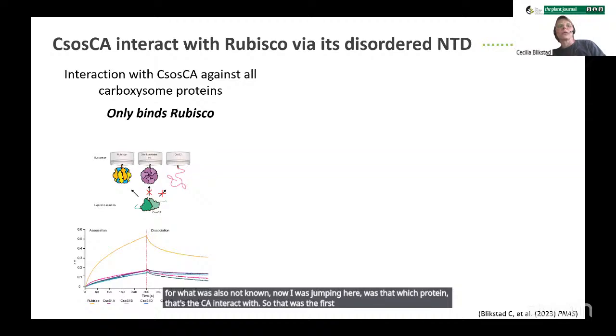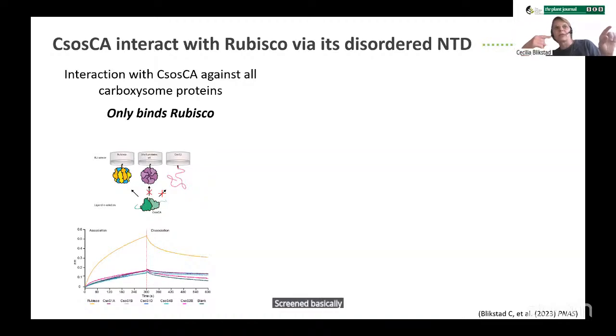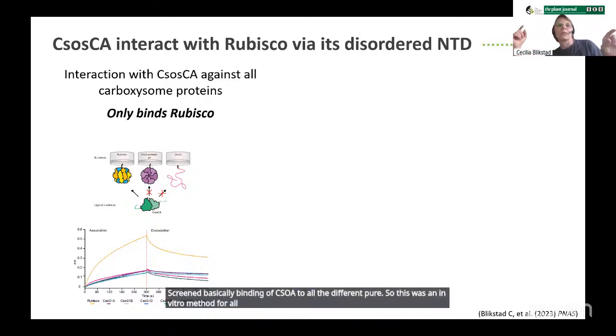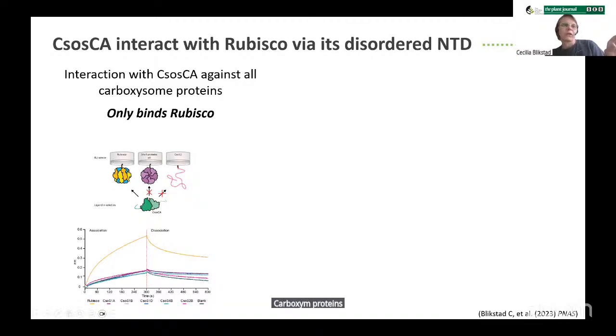We used BLI, biolayer interferometry, an in vitro method, and screened binding of CsoSCA to all the different carboxysome proteins. And what we find is that the only protein that we see an interaction with is rubisco.